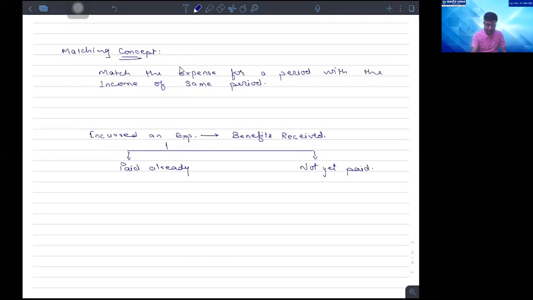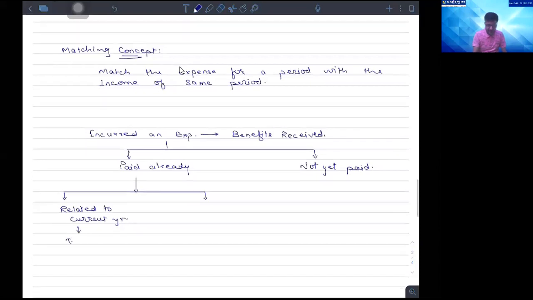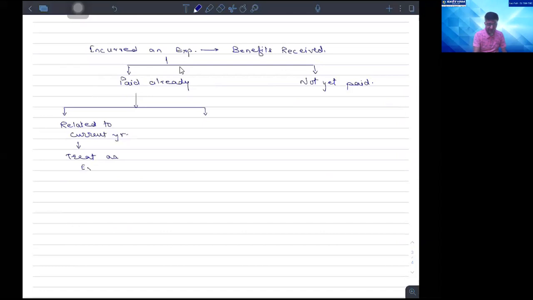If paid already, in that case, if it is related to current year, treat it as expense. Related to next year, treat as asset.